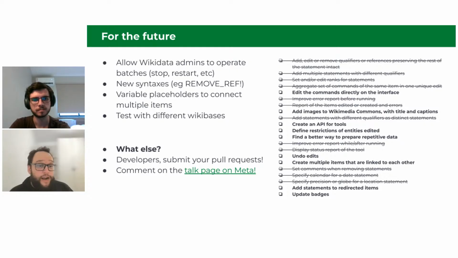But one, perhaps in the wrong part of the complexity, is to test with different Wikibases. QuickStatements is the tool to add mass data into a Wikibase instance, as Wikidata is. So what we want to do is to test with other Wikibases to see, is the deployment understandable for a developer that is implementing a Wikibase?